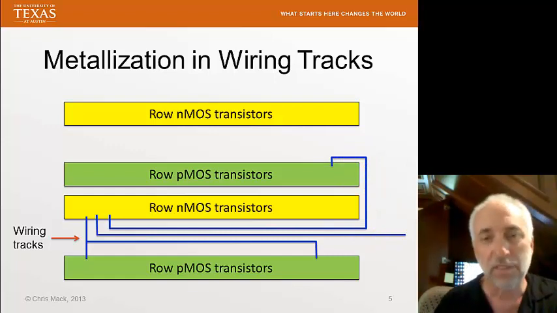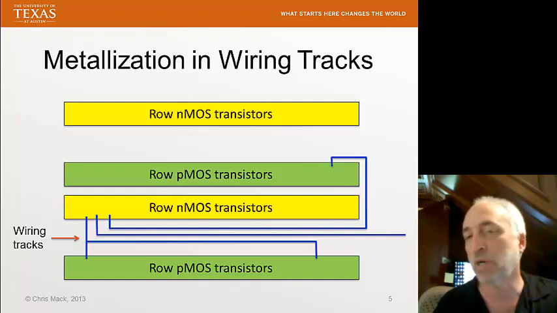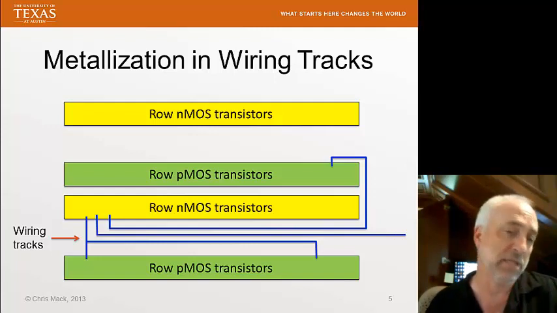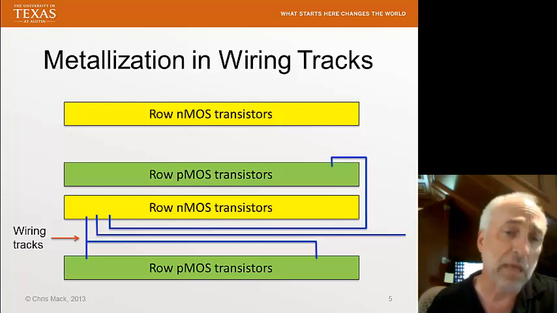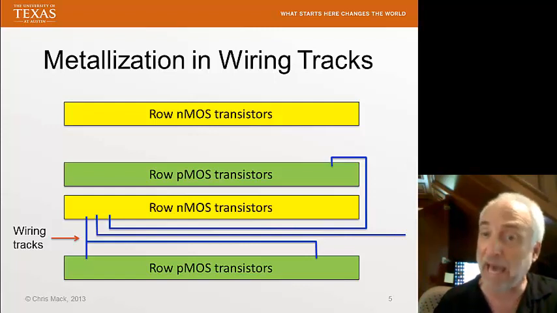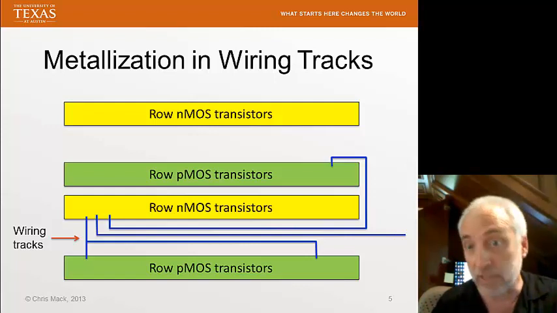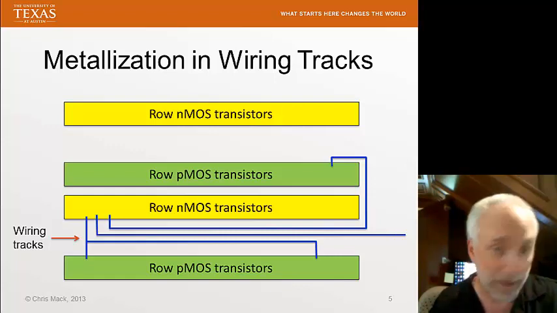Well, this is how we were wiring up our transistors for many, many years. But we began to run into problems. First of all, the more transistors we had on our chip, the more connections we need to make between the transistors, and that required more wiring tracks.